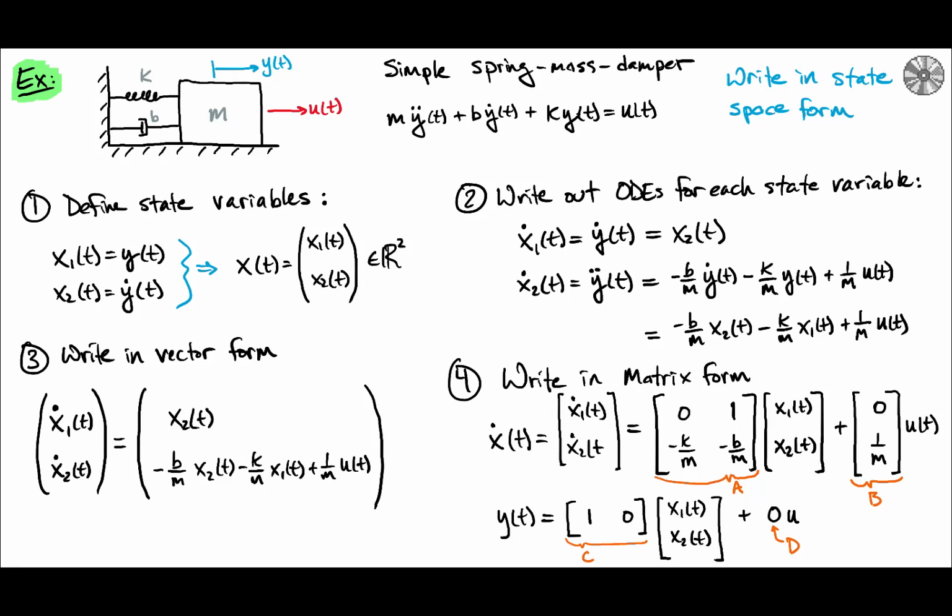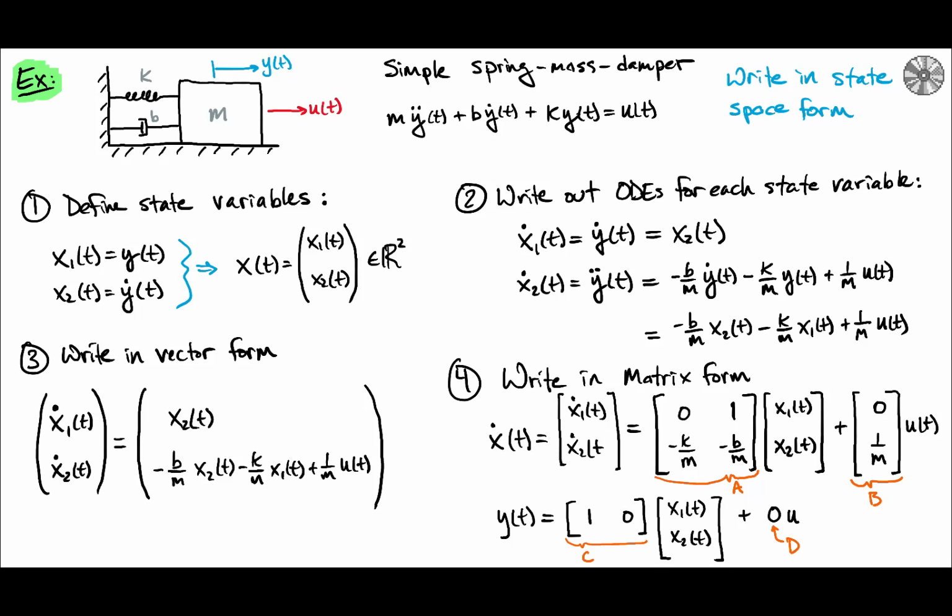Similarly, in the second row of A, we put in minus k over m as the first element and minus b over m as the second element. So that minus k over m multiplies x1 in the matrix multiplication, and the minus b over m multiplies x2. And so the only thing that we're left with is to define the leftover part, which is 1 over m u of t. And that is in a new matrix, which we'll call capital B.